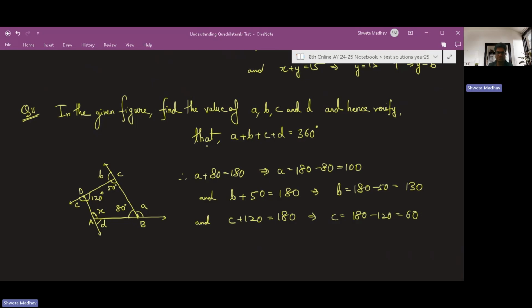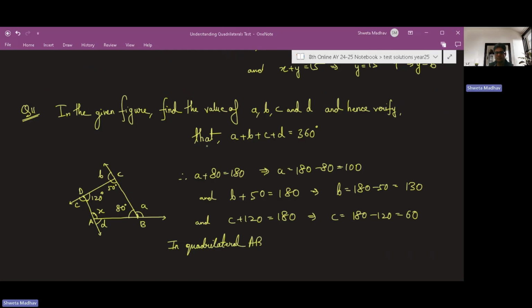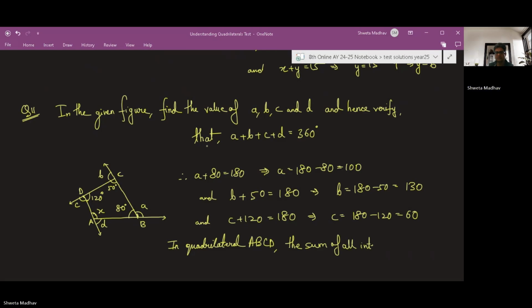C is 60, and then here we can say that the sum of all the interior angles of a quadrilateral, since here ABCD is a quadrilateral, so I can say in quadrilateral ABCD, the sum of all the interior angles will be 360 degrees, which is called the angle sum property of a quadrilateral.